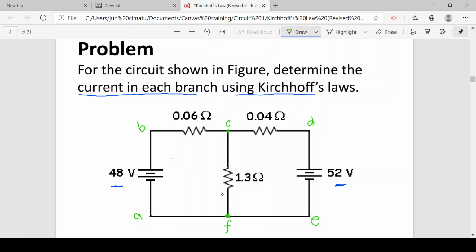So these C and F are junctions. B is not a junction. It is an interconnection of two terminals of the resistor 0.06 and the battery, so it cannot be considered a junction.